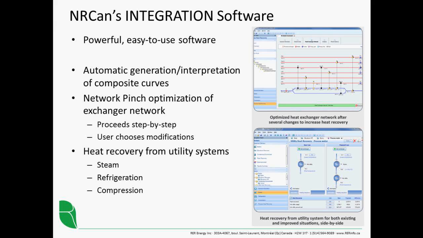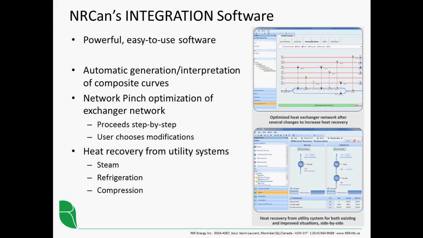And you can pick from among the different options that it's proposing for each individual incremental change based on your engineering knowledge of the process in terms of, what makes sense in terms of how close streams are together in the plant, or whether there might be streams that would react if they were actually in contact. You would not want to be putting them across a heat exchanger. So we can bring our engineering knowledge to the problem, and adopt the proposed changes that make sense on a step-by-step basis.